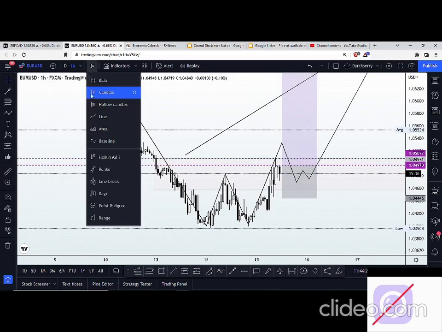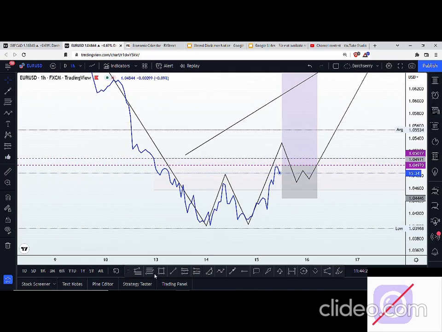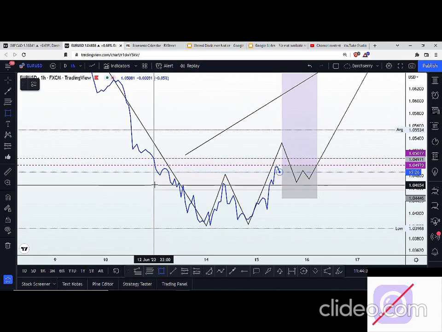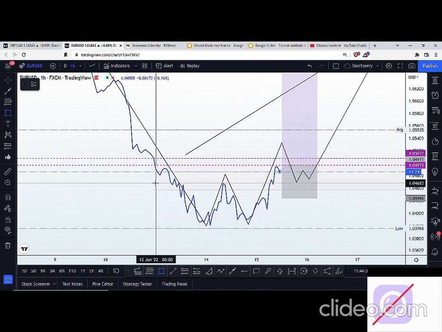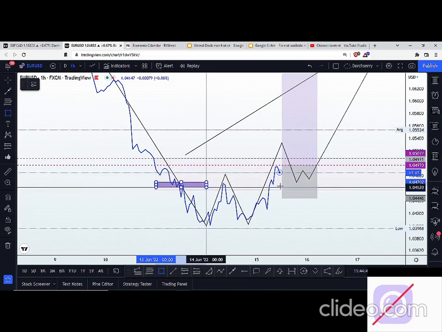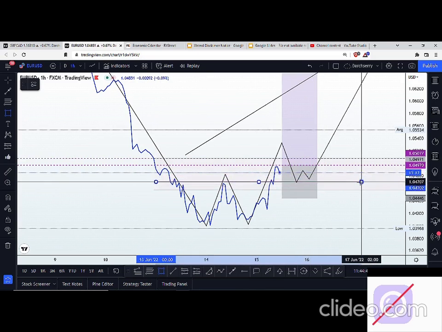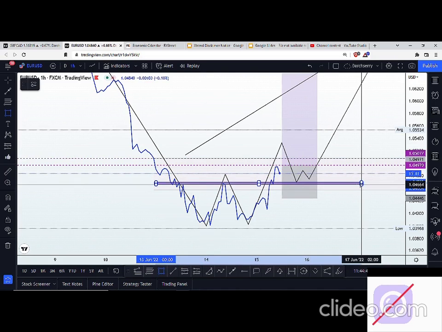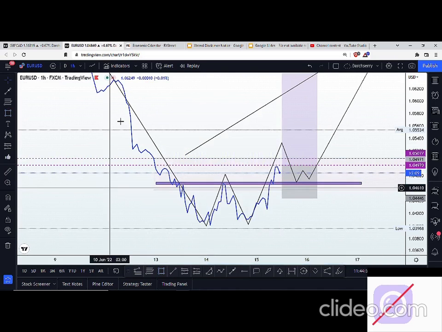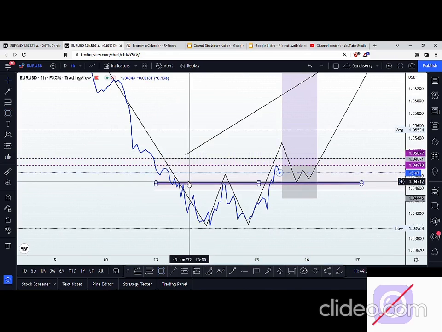So if we bring out the line chart at this point and look left, we can see that our neckline falls at about 1.04700. That seems to be an area around here where we could take advantage of a retest of structure. So that is our neckline at this point.